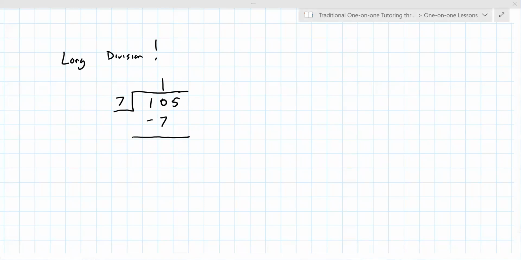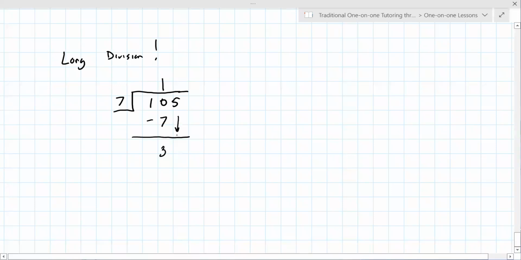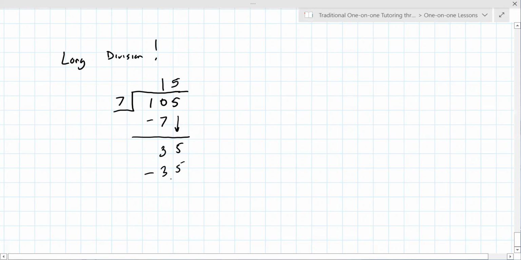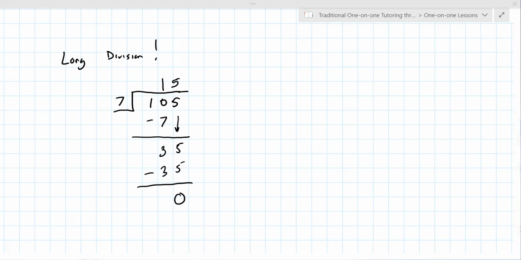Try again. 3. It's 3. And then you bring down this number 5. How many times does 7 go into 35? 5. 5 times. And what is 5 times 7? 35. You subtract and you get 0. Good. All right, let me find a little more difficult one here.